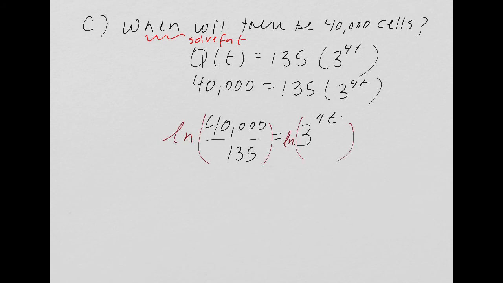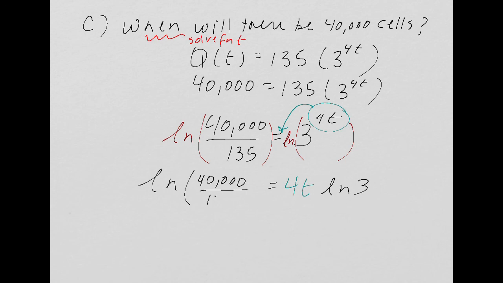I'm choosing the natural log, but you can choose any log you like. And then I'm using properties of logs to bring the exponent down. And so let me write for you what we have now. So that exponent came down, and then we could reduce this fraction. I can tell quickly that 5 goes into both the top and the bottom. But since Wolfram Alpha can handle that, I'm just going to leave it.